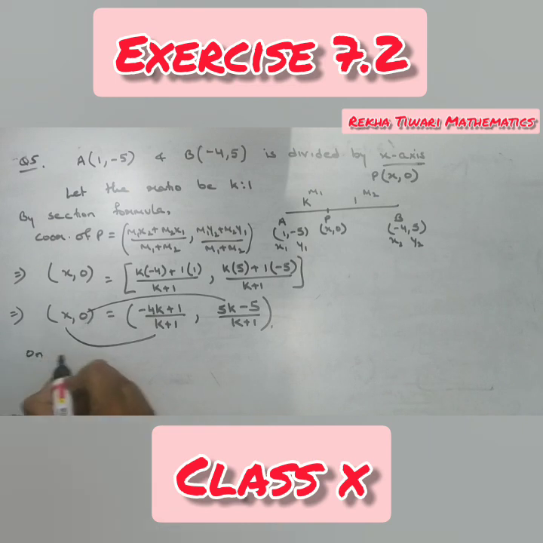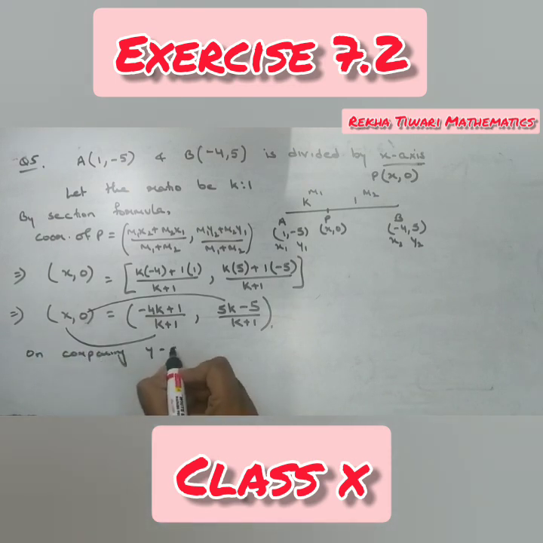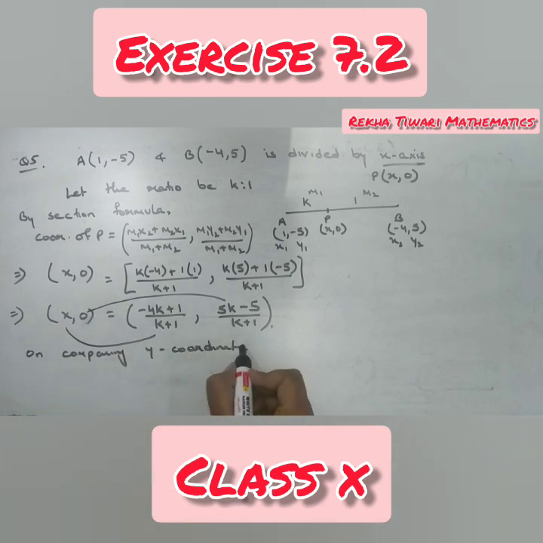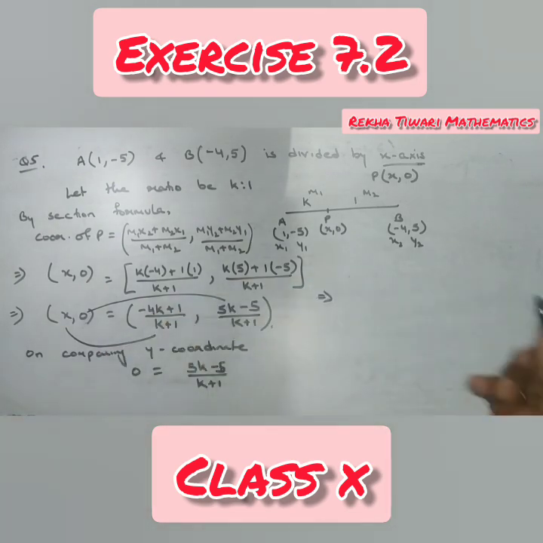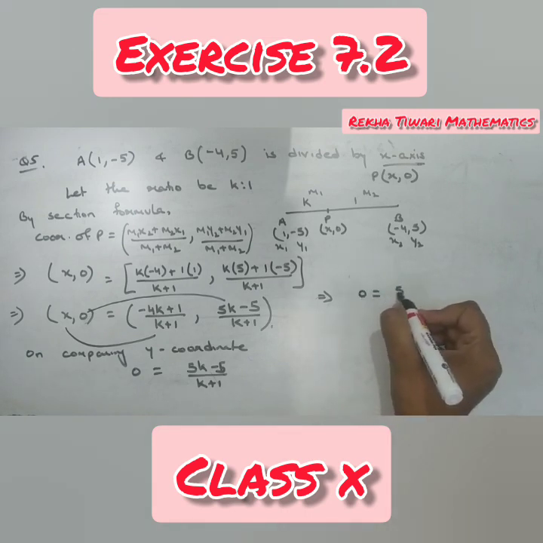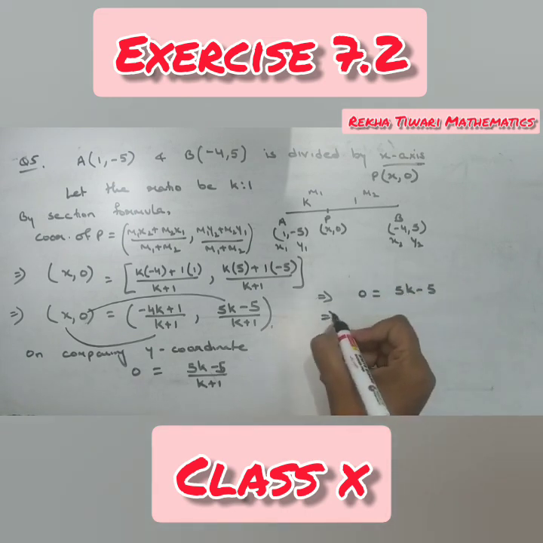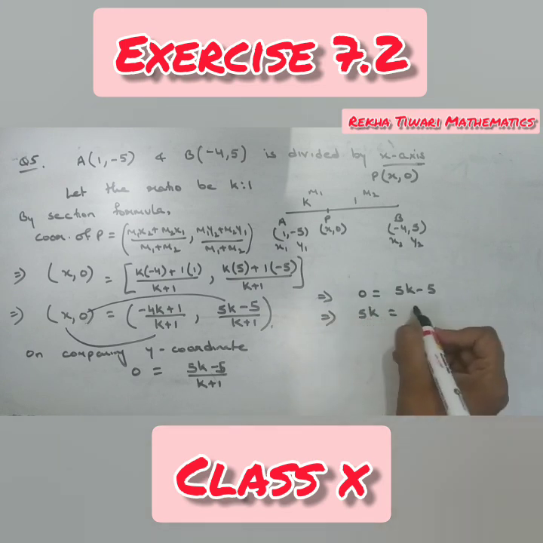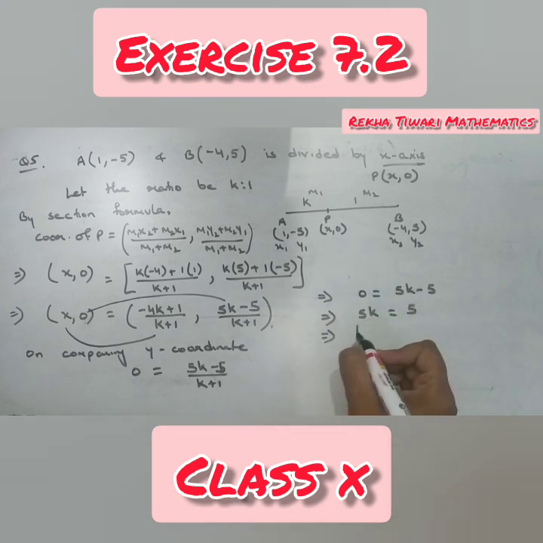So on comparing y coordinate, what you get? 0 is equal to 5k minus 5 upon k plus 1. This implies shift k plus 1 this side. So anything multiplied by 0 becomes 0. 0 is equal to 5k minus 5. This implies 5k is equal to 5. This implies k is equal to 1.